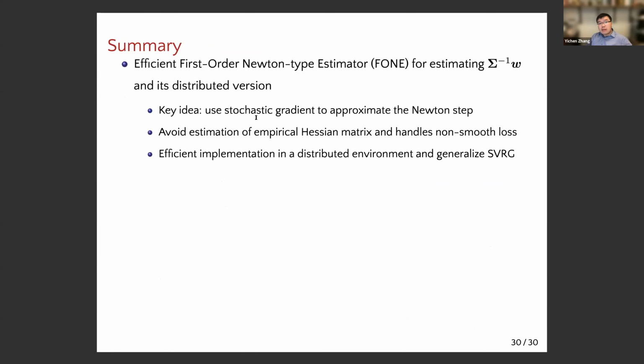To summarize, we create an efficient first-order Newton type estimator for estimating sigma inverse W for any W. When we are doing an estimator, we are using W equal to the average gradient. When we are doing inference, we can use any arbitrary W that we want to project to. So the key idea is to use the classic gradient to approximate the Newton step.